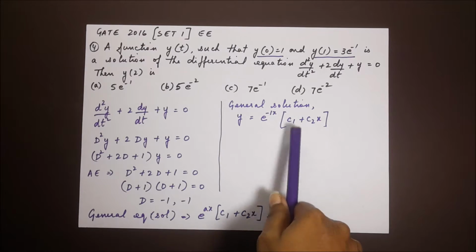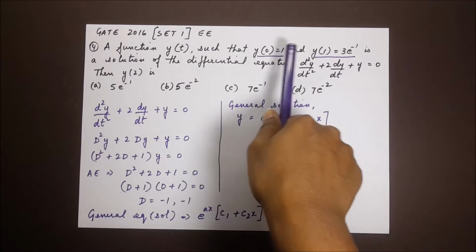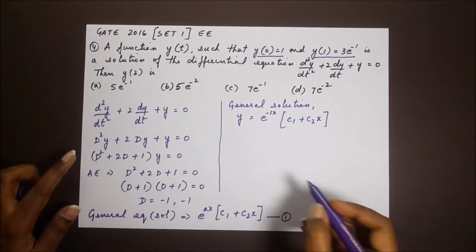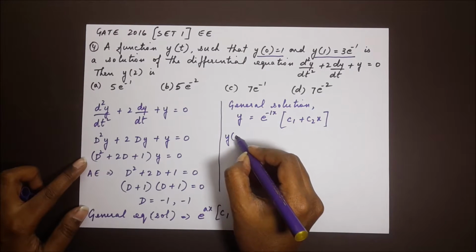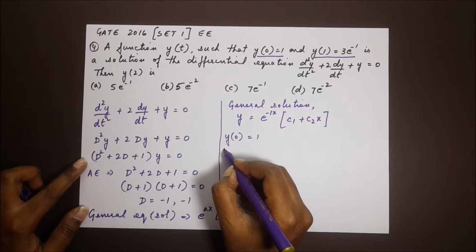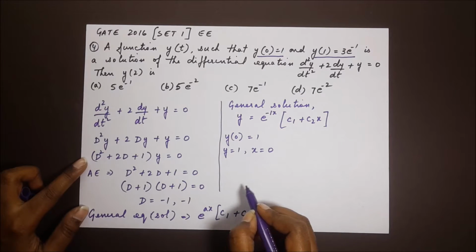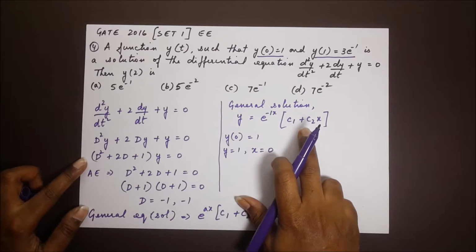In order to do that, we take the help of the initial conditions given over here. We start with y of 0 is equal to 1. When y of 0 equals 1, that means y is equal to 1 and x equals 0. Let's substitute that here.